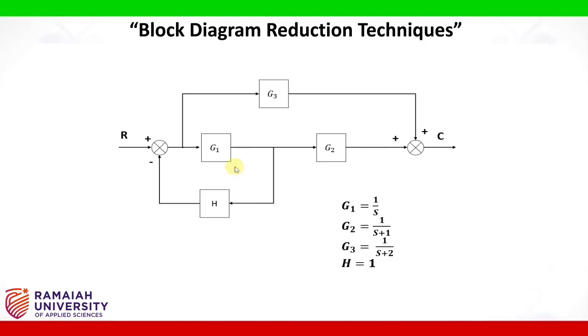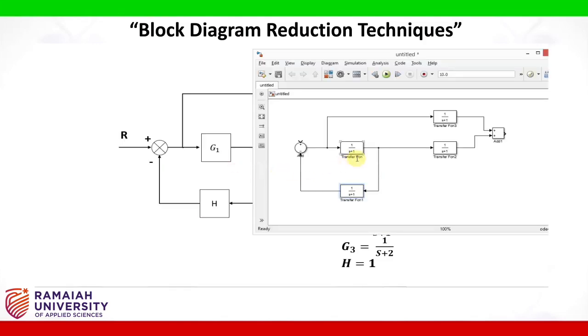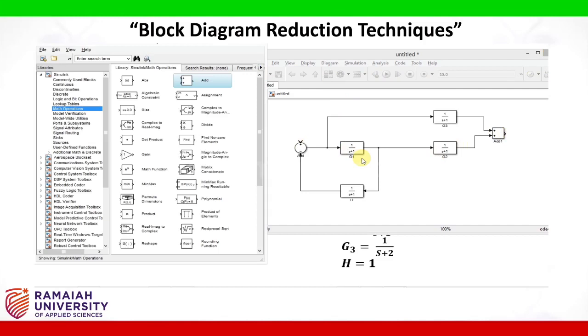Now rename the transfer function blocks as G1, the lower one as H, towards the right change it to G2, and on top change it to G3. Now we'll have to give input and output. Go to Simulink library browser, click on sources, we'll select step input.